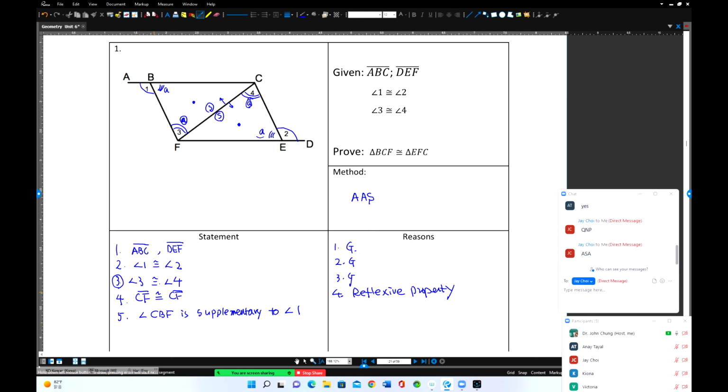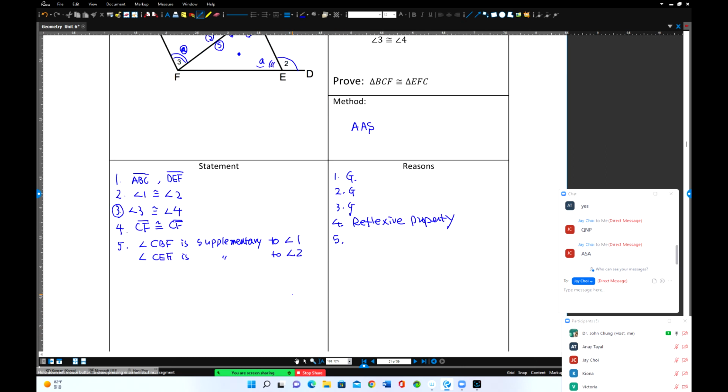The next one is angle CEF. Angle CEF is supplementary to angle 2, right? What's the reason? Linear pair. We have to memorize that angles that form a linear pair are supplementary.